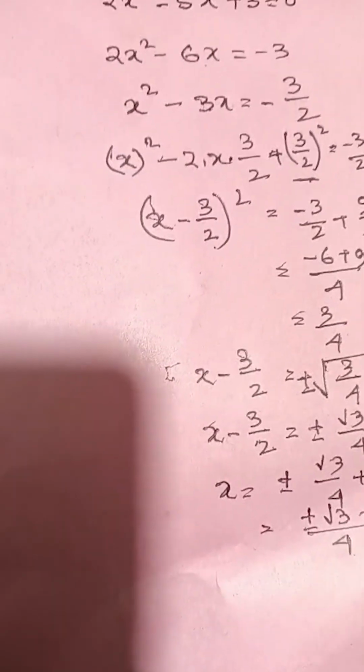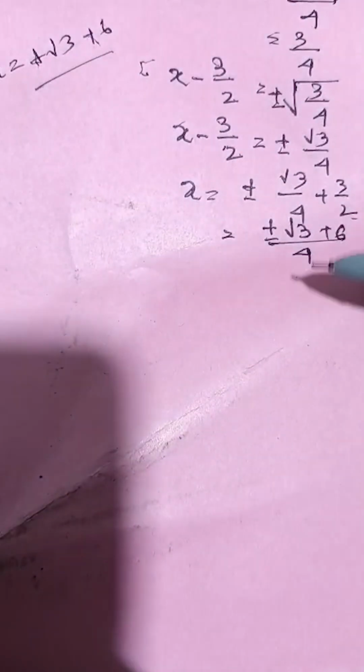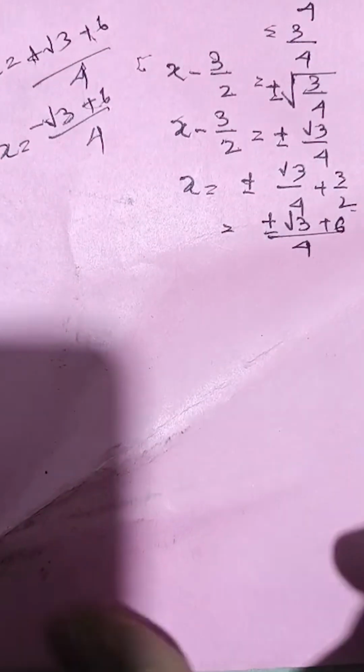So there are two values of x. One of them is x equal to plus root 3 plus 6 by 4. Another one is x equal to minus root 3 plus 6 by 4. So this is the answer.